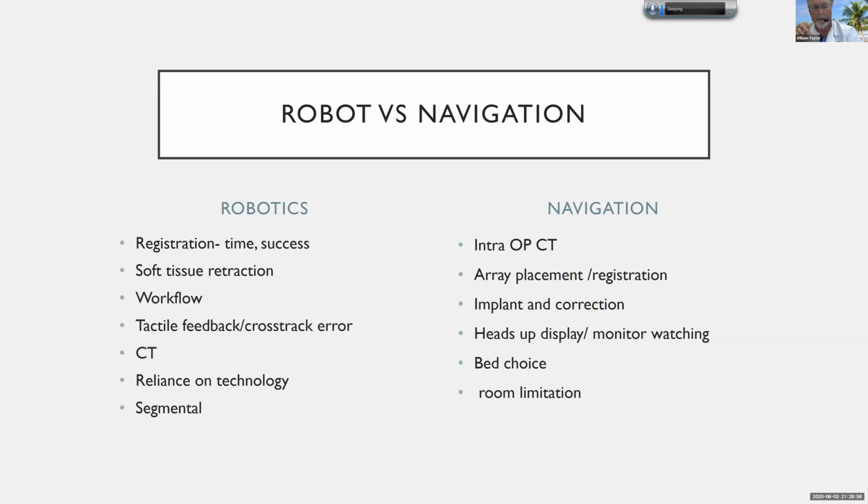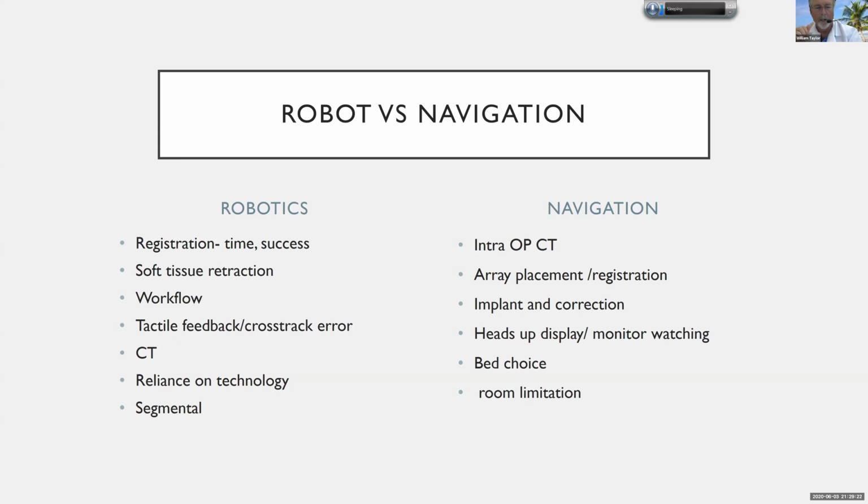And if you look at the robotics specifically, it's really segmental technology. So the re-registration piece, and I think it was Rob that mentioned that in the beginning, or someone asked him a question. The re-registration time frame is just really, really difficult. The loss of tactile feedback and cross-talk error is the same as Igor talked about with skiving.